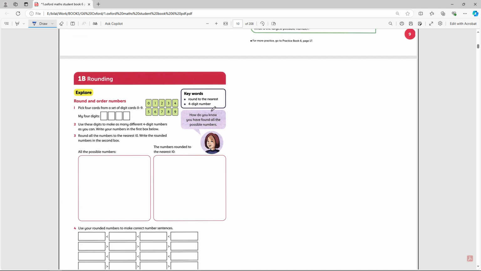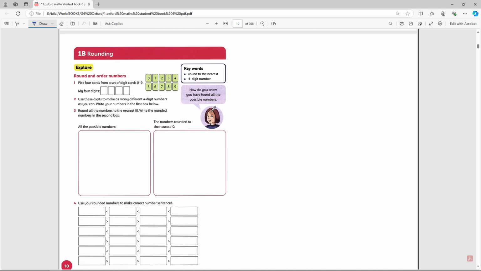Now we're going to have a quick revision for you. Where are we now? 1B, rounding. Many of you know this one; I checked last time with you in the sessions. This one is so easy for you. For example, let's take this number. If you want to round, here they ask for 4 digits, but I'm going to take 5 digits.